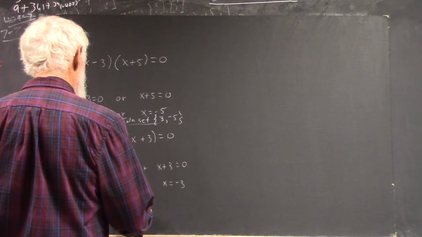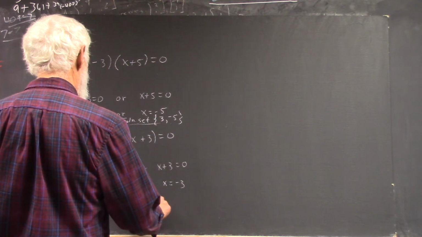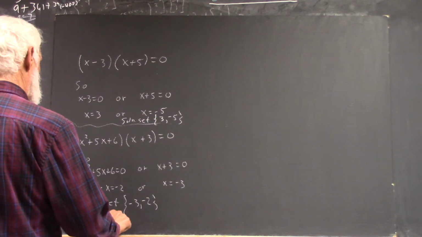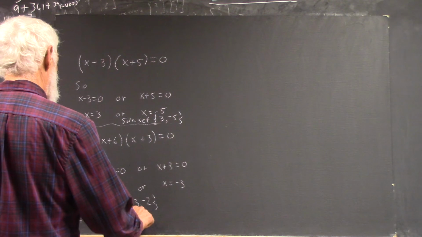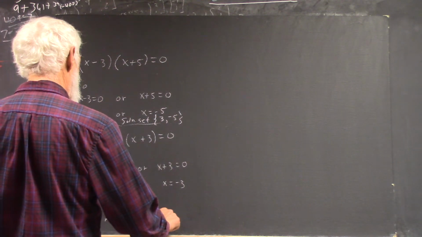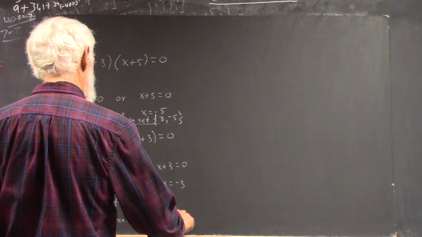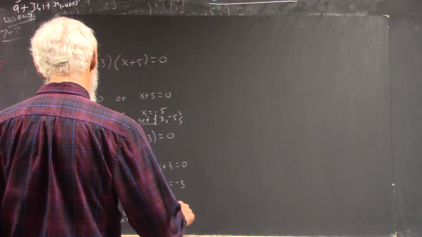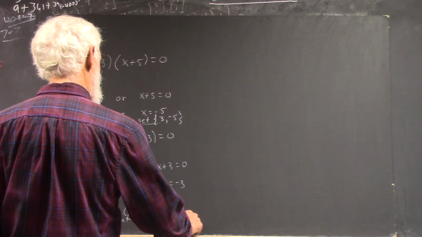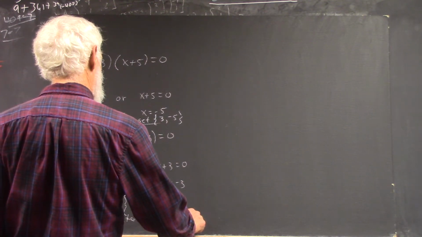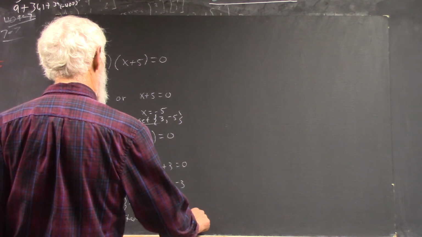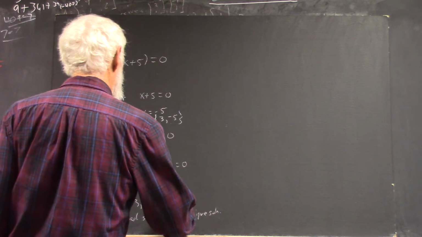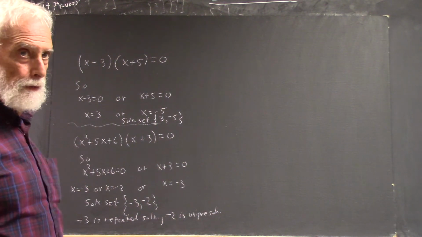So it's a repeated solution. We say negative 3 is a repeated solution, negative 2 is a unique solution.